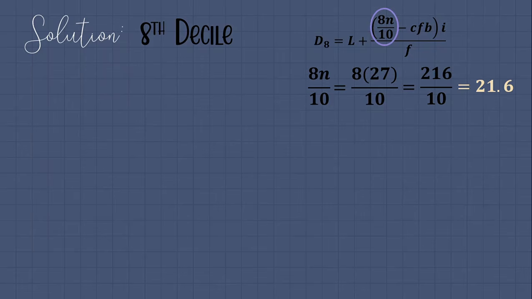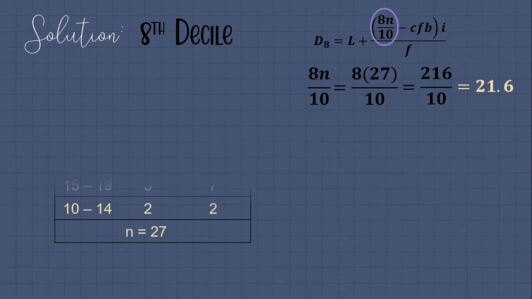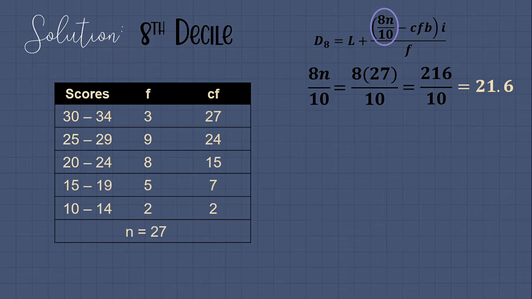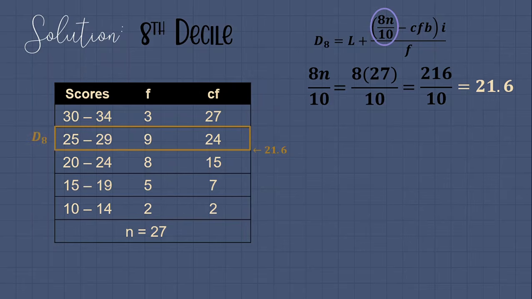Again, our next step is still the same. We have to get our table back and locate 21.6 in our CF column. That is in between still 15 and 24. So our decile 8 class is again 25 to 29, the one above our 8n over 10. So our lower boundary, or L, is equal to 25 minus 0.5, that is equal to 24.5.